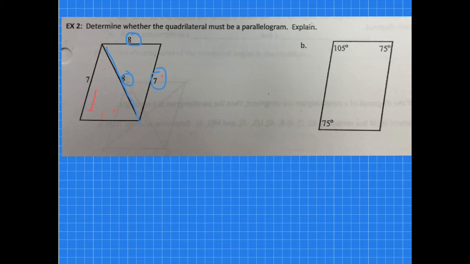Well, this triangle also has a side of 8 and 7, but we don't know this side. So we do not have enough information. So we cannot prove it.